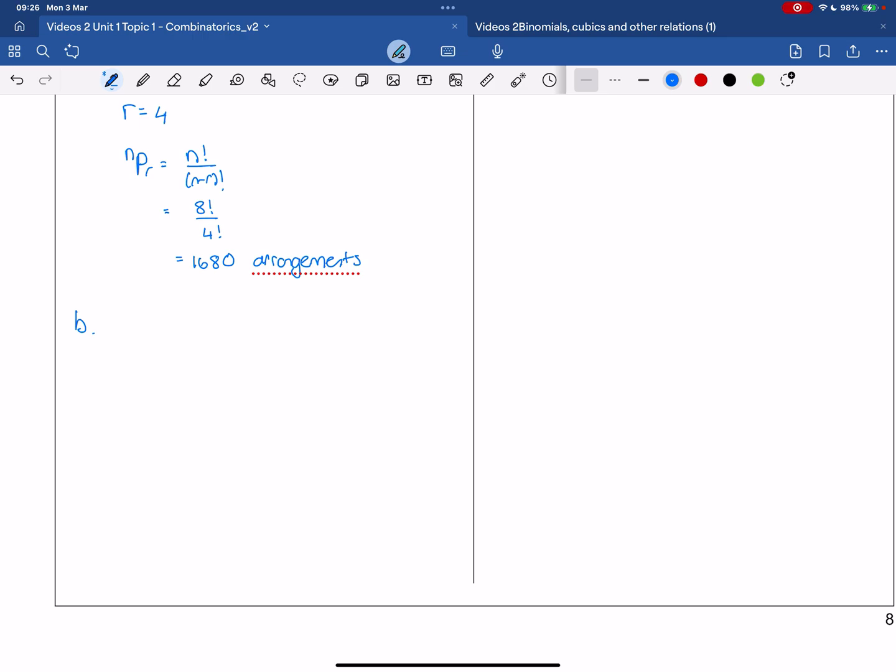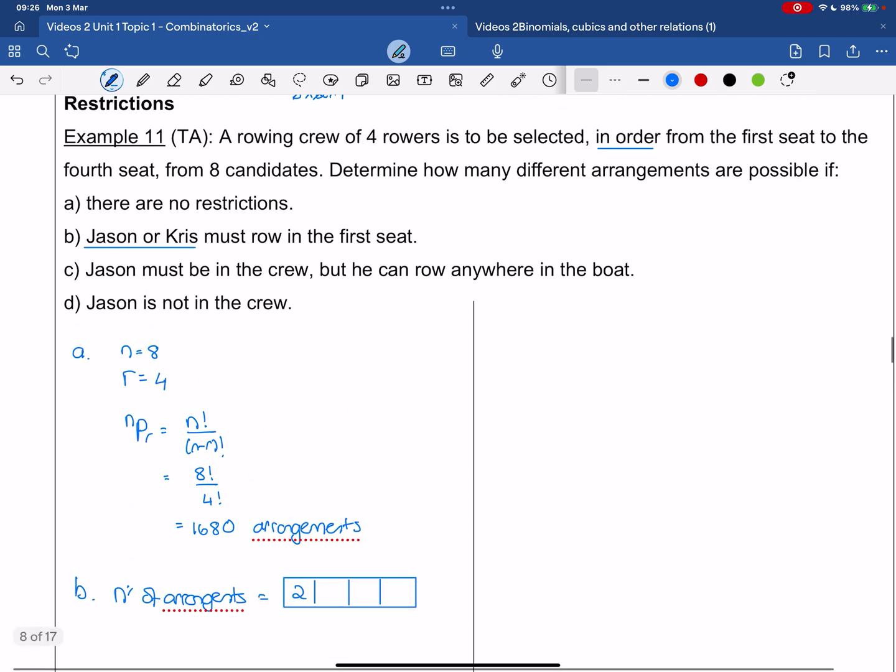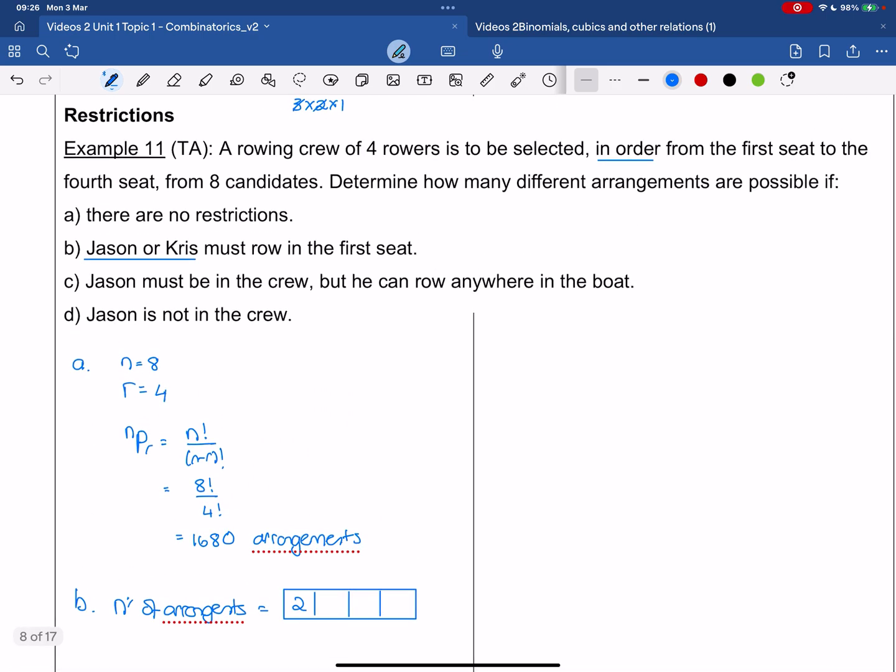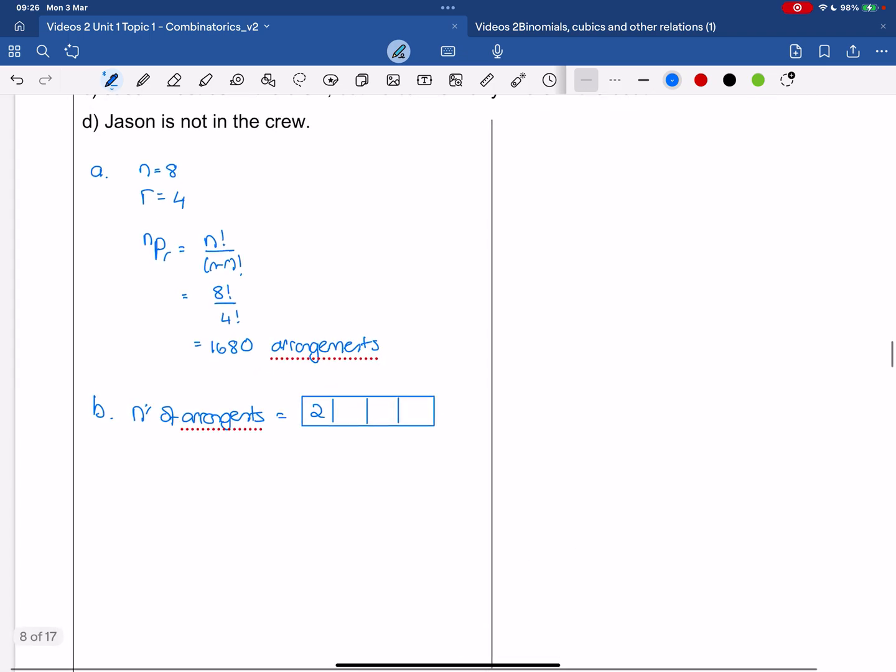So we could have our number of arrangements, and you can do it either way. And we've got our 4 seats. So I've got a choice of 2 people for the first seat. Now there's nowhere that says that the Jason or Chris can't row in the others.